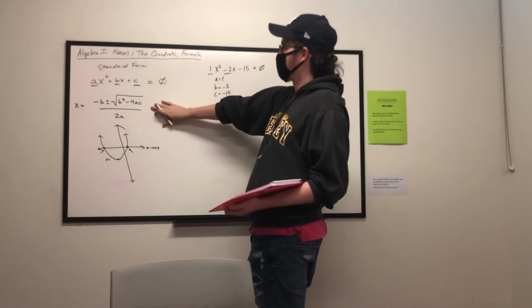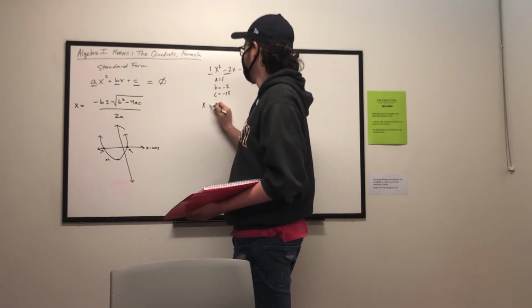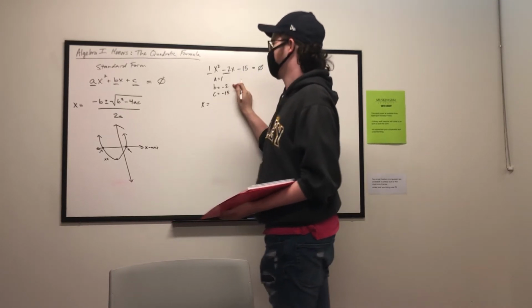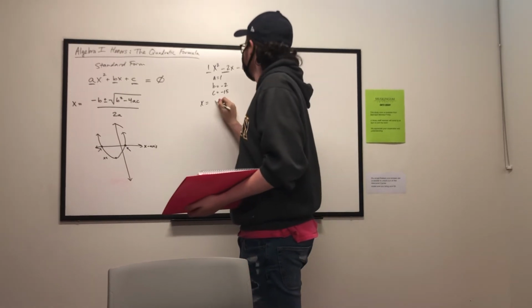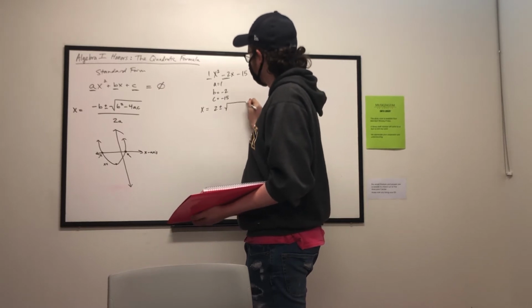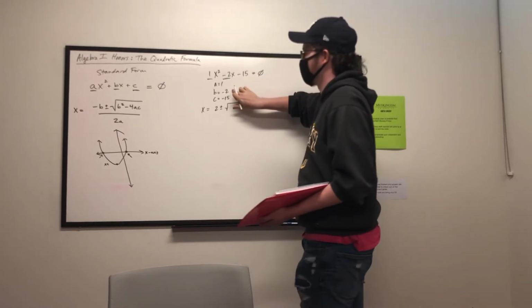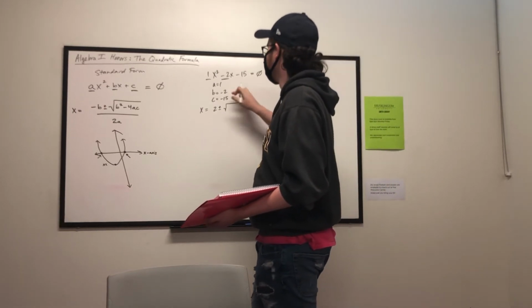So we can use our quadratic formula to find that. So we're going to set this equal. X equals negative b, and what's a negative times a negative? A positive. So 2 plus or minus the square root of b squared, so a negative times a negative again, is a positive.